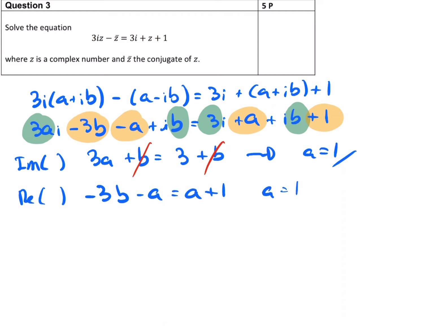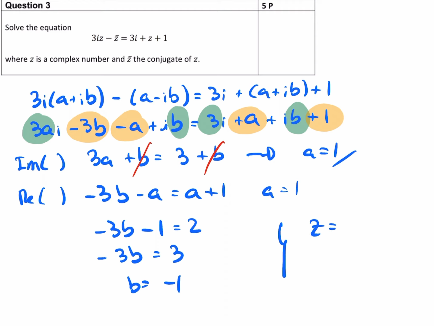Using a is equal to 1, we just get minus 3b minus 1 is equal to 2, which means that minus 3b is equal to 3, which means that b is equal to negative 1. So after solving all this equation, we just get that z is equal to 1 minus i.